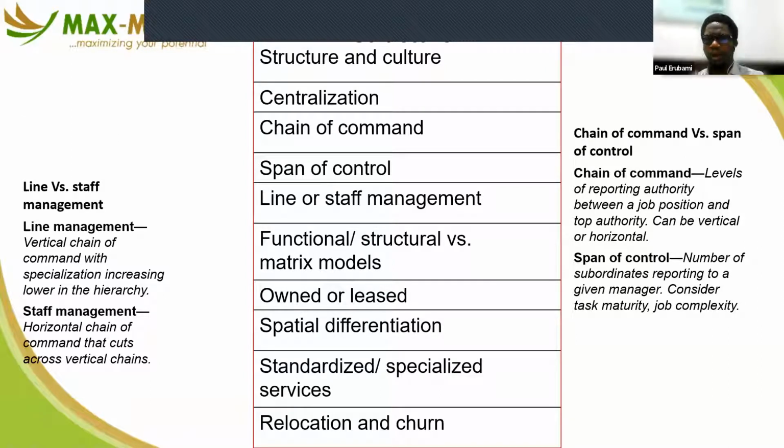So our culture can evolve out of certain leadership behaviors, the way decisions have been taken in the past. Culture can evolve out of certain influences from within the staff. And this can become very different.